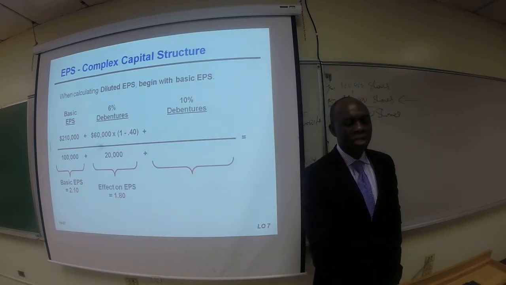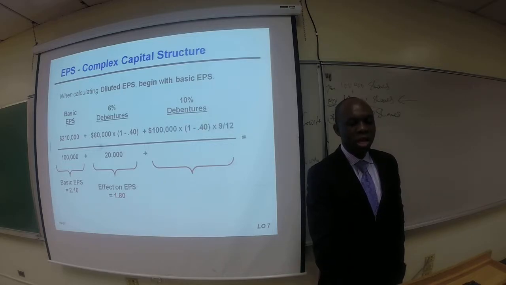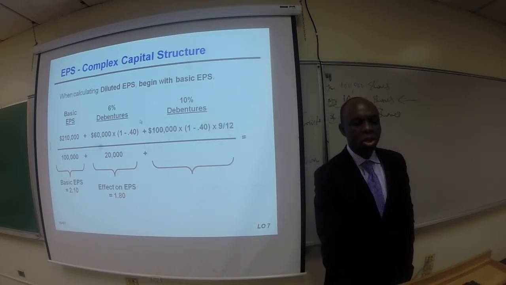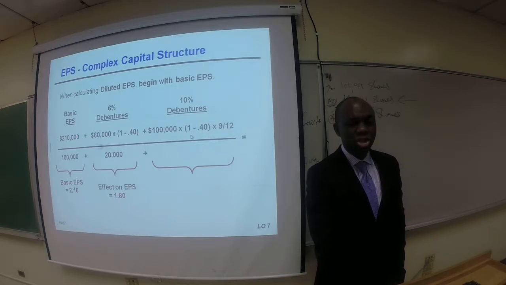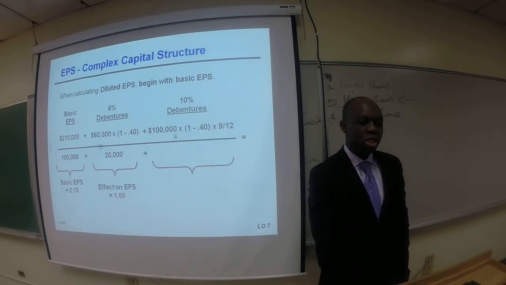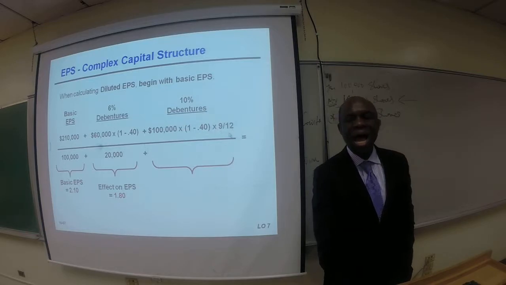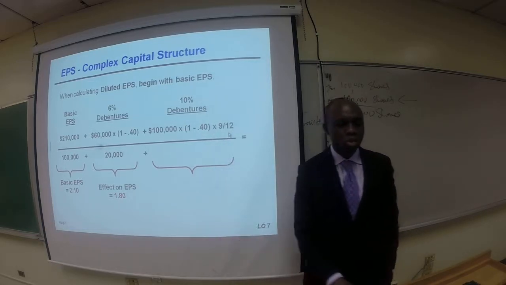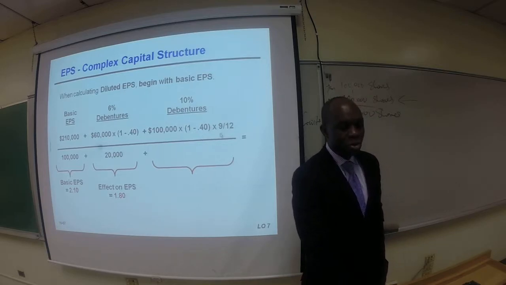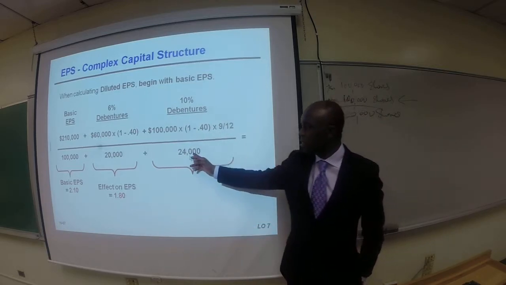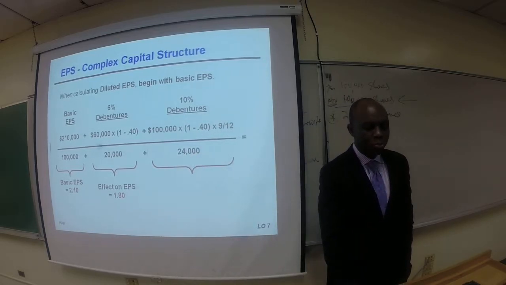Now let's take a look at the other debenture. Again, the interest expense has to be added to the net income, net of tax. Here it is 9/12, because it was in existence for only 9 months. Again, 24,000 shares as previously computed.